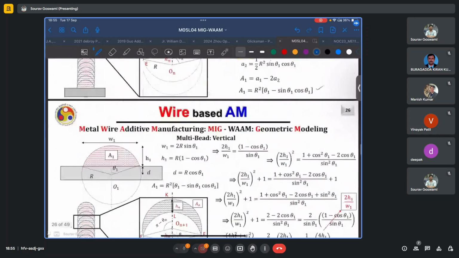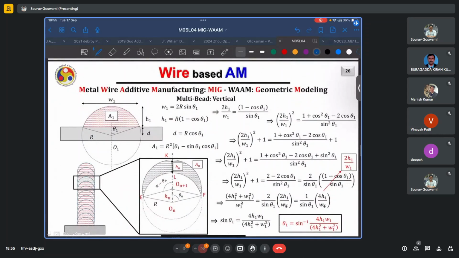Now these calculations are revisited for some further simplification. We already found W1 is 2r sin theta 1 and H1 is r into 1 minus cos theta 1. Thus, if we divide these two to eliminate r, we obtain an expression for theta 1 only in terms of the measurable parameters H1 and W1. The steps are shown here.